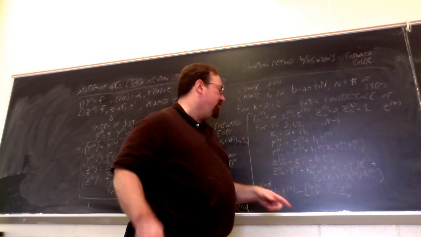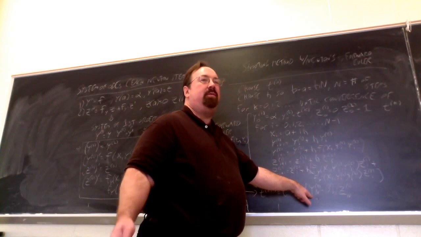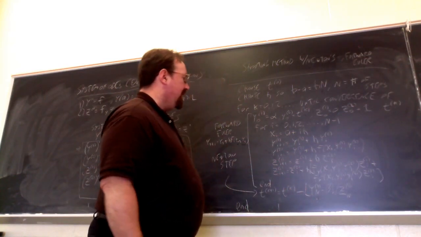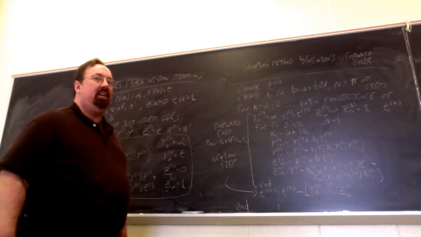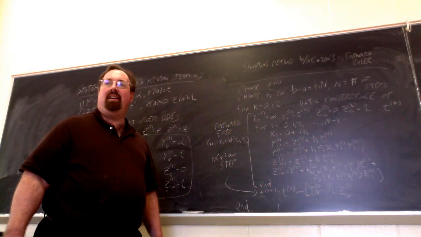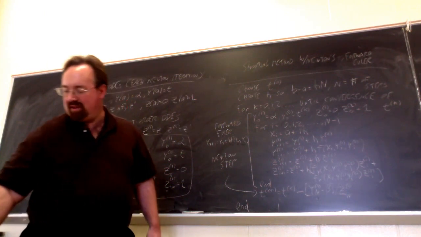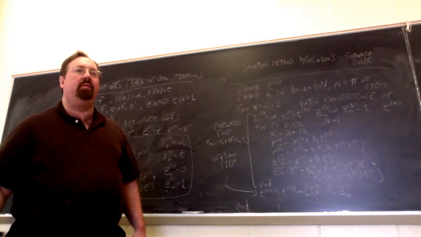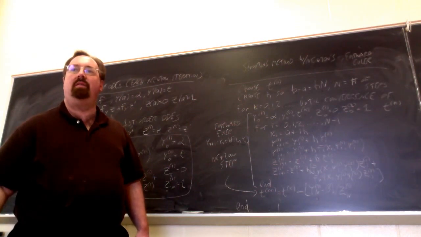You have to hang on to this value from a previous iteration. You need two guesses. To compute the second one, you need the first, and the third one needs the previous two.